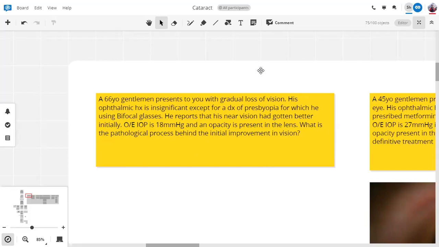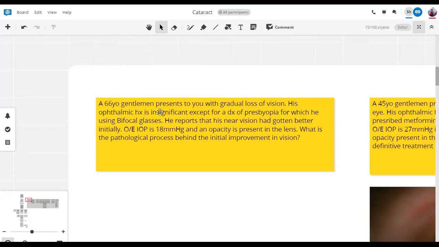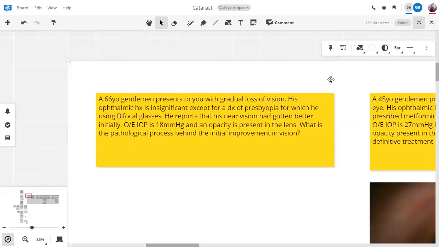In some cases you will be asked about the treatment. In some cases you will be asked about the next best step in management or the complications even. Always use the last line so you know what you're going to conclude or deduce from all of this. So what is asked over here is the pathological process behind the initial improvement in vision.